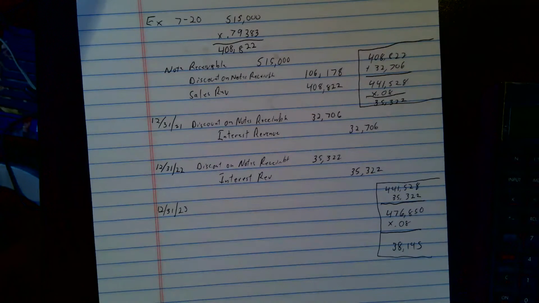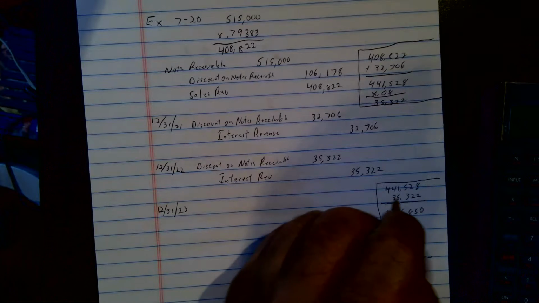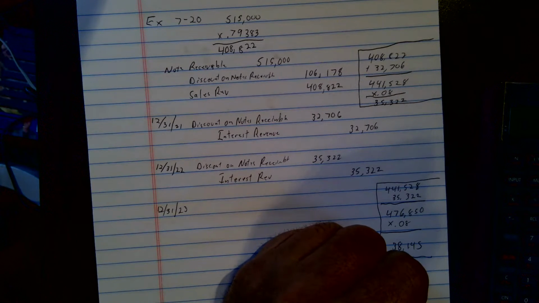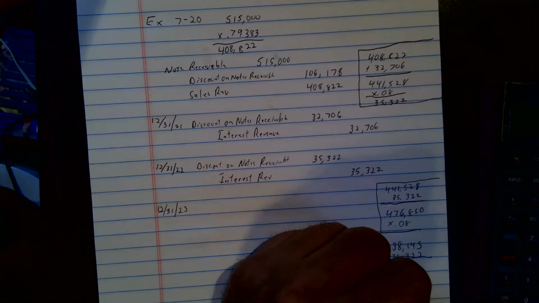Now, before I make the entry, let's go ahead and check that we will have written off all of the discount on notes receivable. I've got 38,148, 35,322, and 32,706.